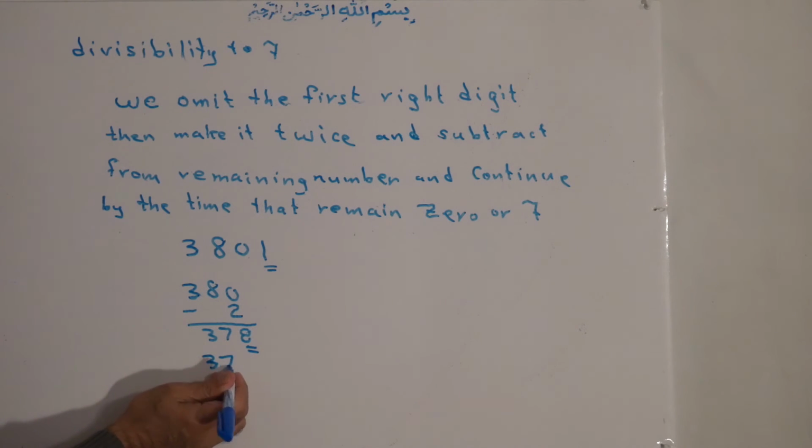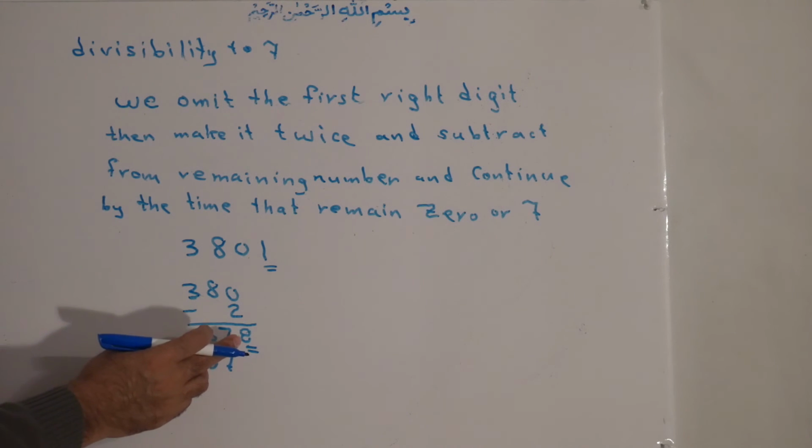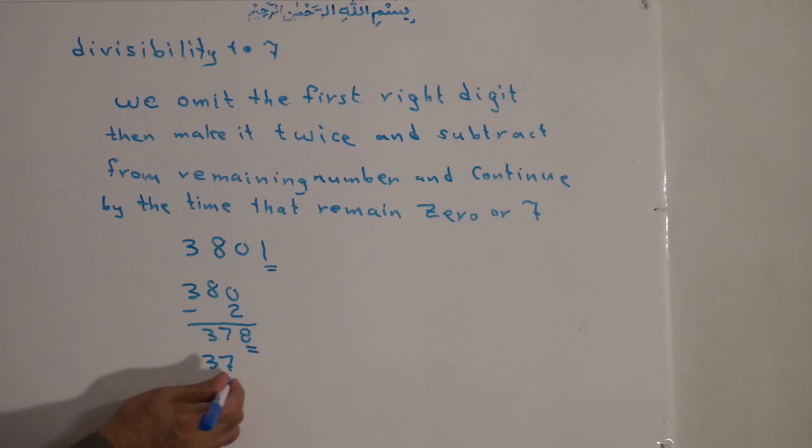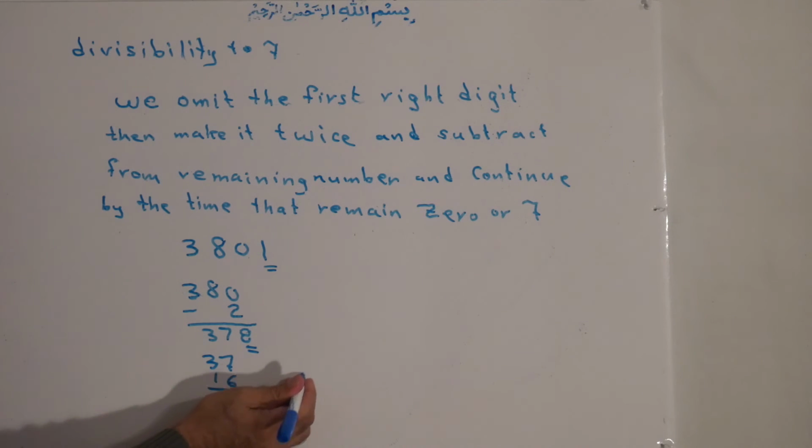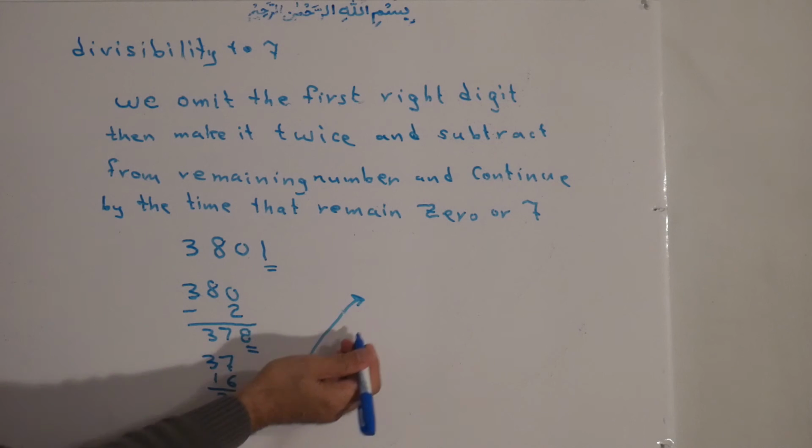We make this one twice, or double. 8 times 2 is 16. 37 minus 16: 7 minus 6 is 1, 3 minus 1 is 2. We get 21. We know that 21 is divisible by 7. But still, we can continue this way.